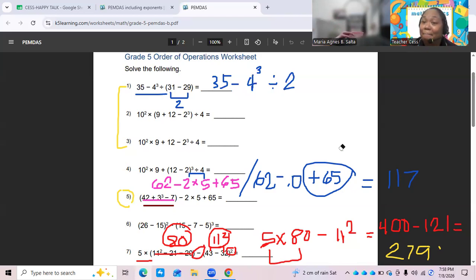Oh wait, it's the exponent. 4 raised to 3 means 4 times 4 times 4. 16 times 4.